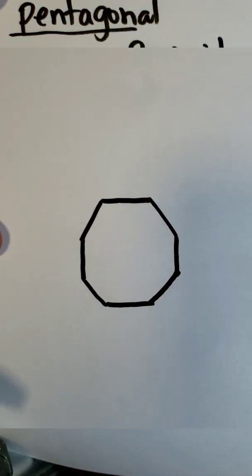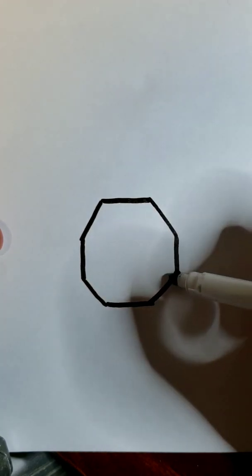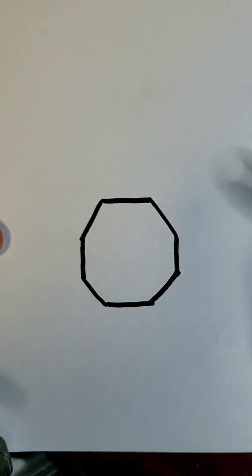Let's try another. All right, so now we're going to start with this polygon here. And if I look at this one, I got 1, 2, 3, 4, 5, 6, 7, 8 sides. So this would be an octagon, right?